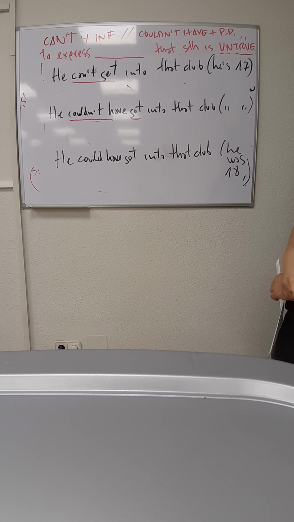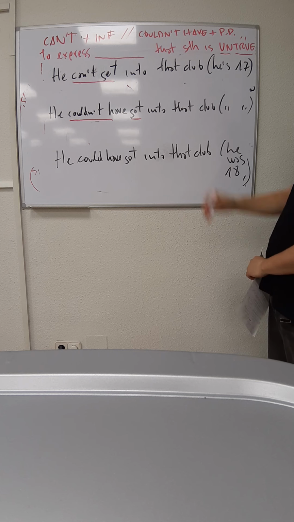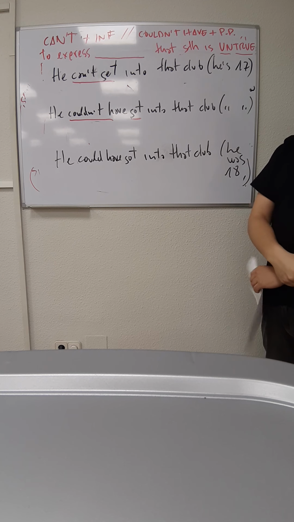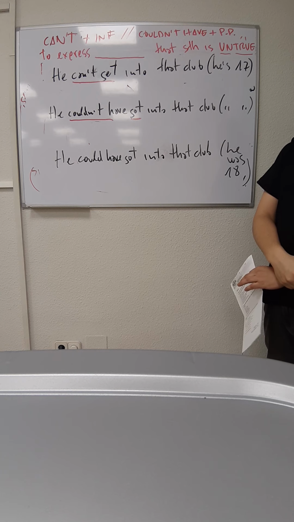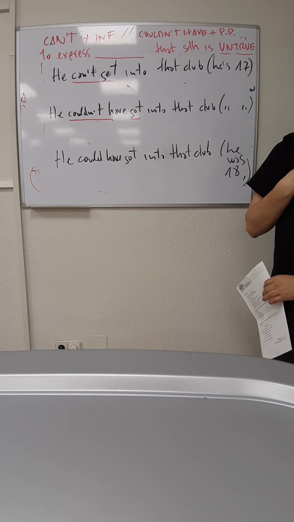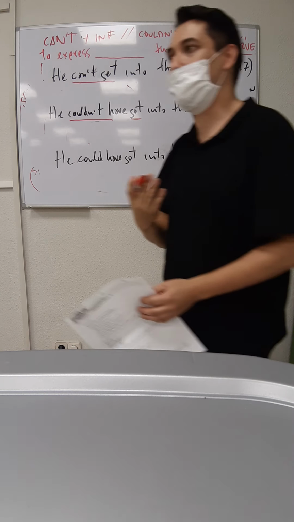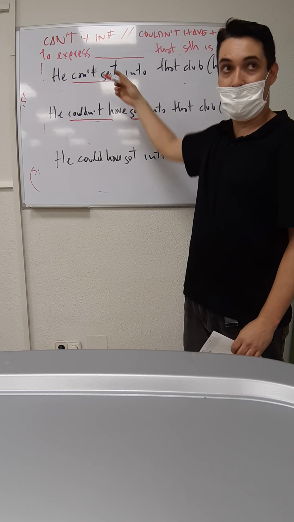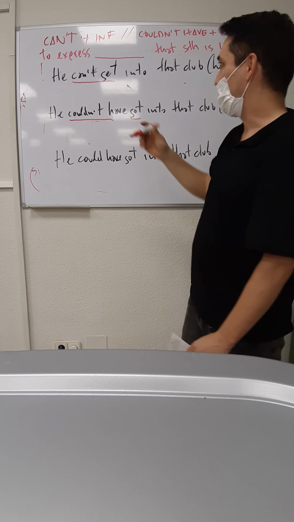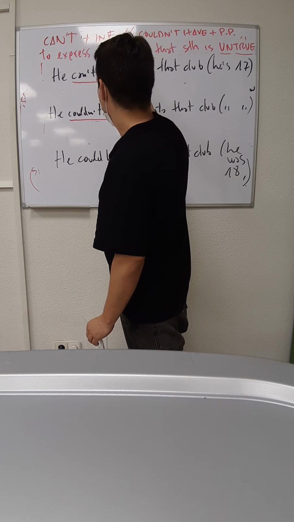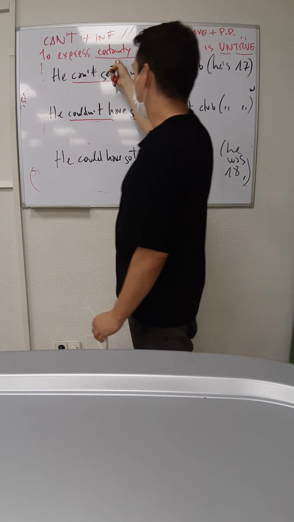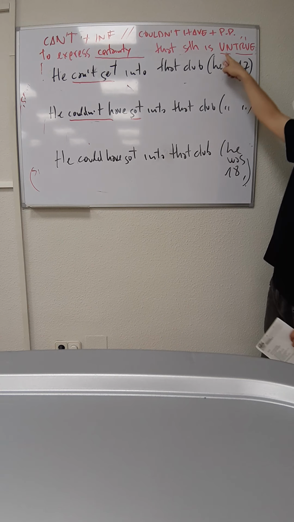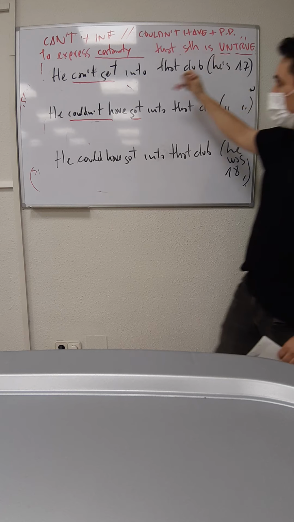Am I expressing certainty or uncertainty that something is untrue? Certainty. I am certain. Am I sure or am I unsure about this? I am sure. So I'm expressing certainty, but certainty about something which is untrue.